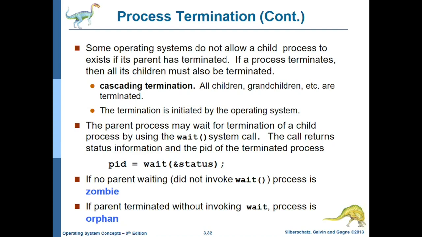The parent process can also choose to wait for the termination of a child process by using the system call wait. This call returns some information about the status of the child process and its process identifier, which is the PID. For example, the code pid = wait(&status) will assign the PID of the terminated child process to the variable pid and store its status in the variable status.